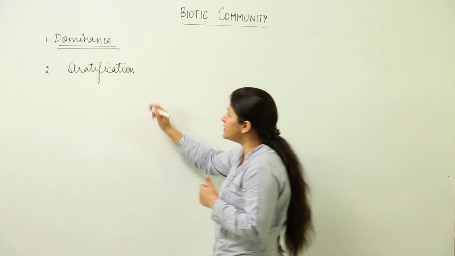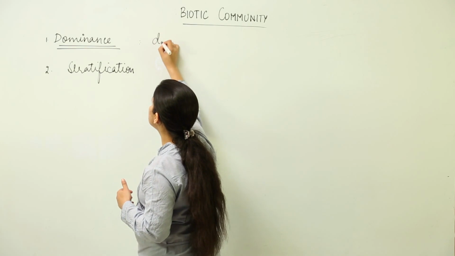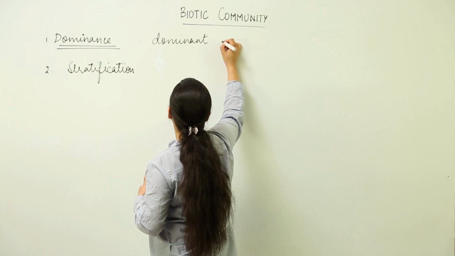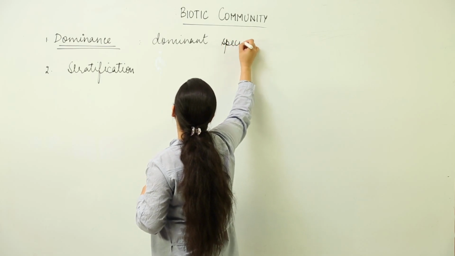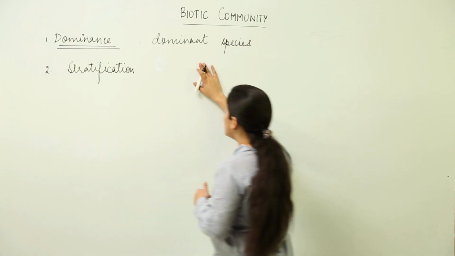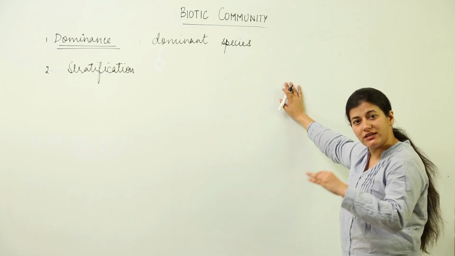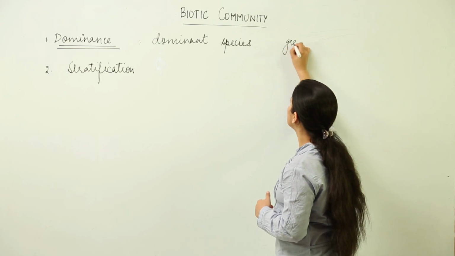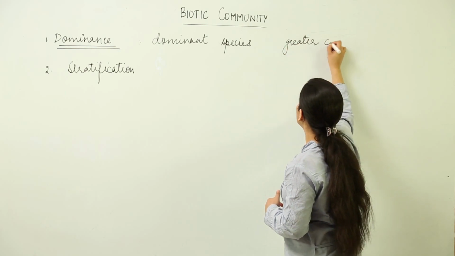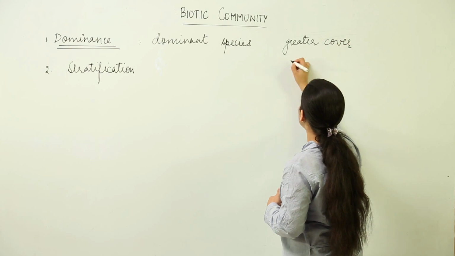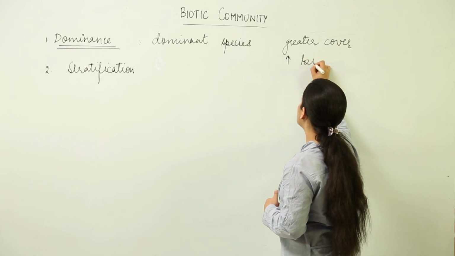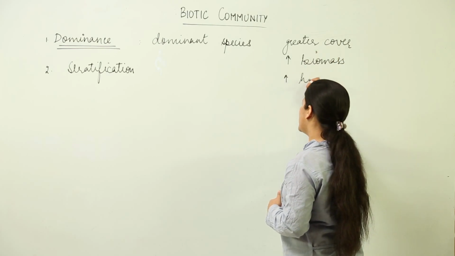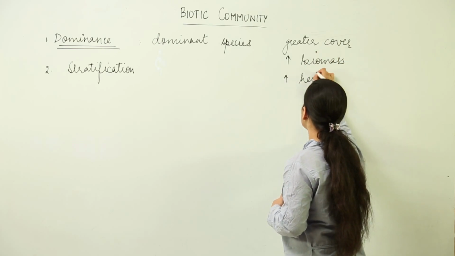So as a result of dominance, we have a dominant species within the biotic community which overtakes the status of other organisms and makes others subordinate in a way that it has greater cover in the community, it has a greater biomass, it has a greater height if we talk about plants.